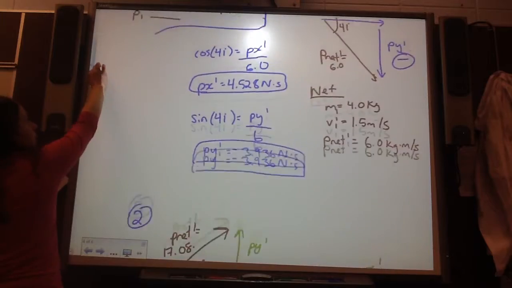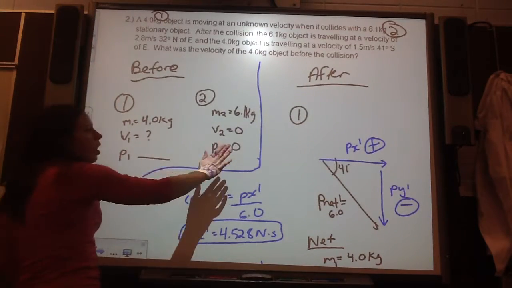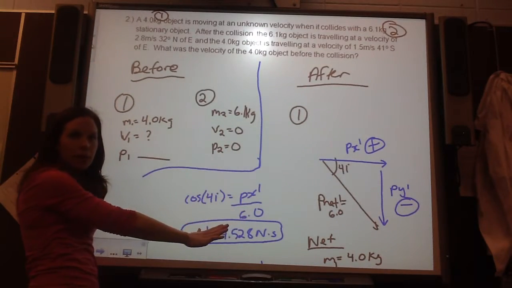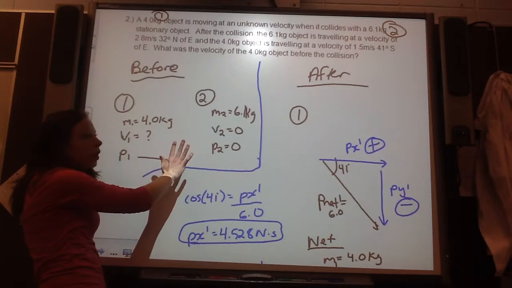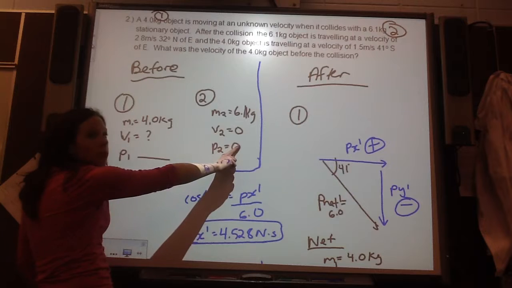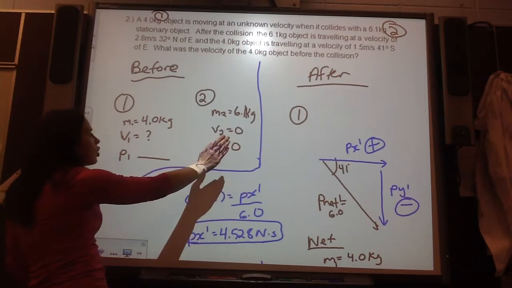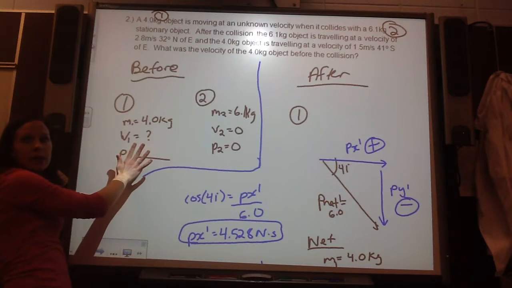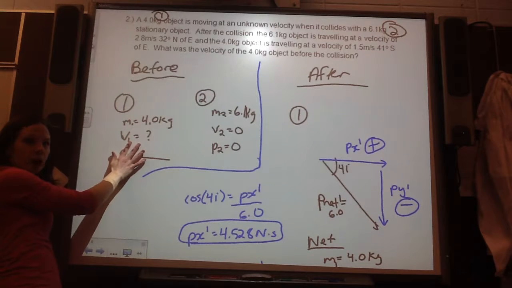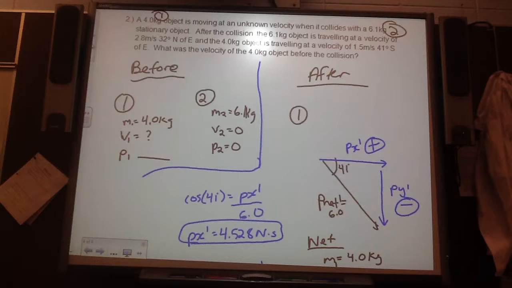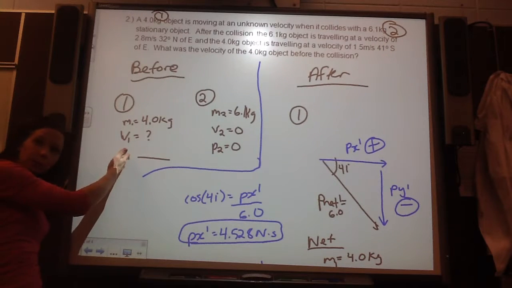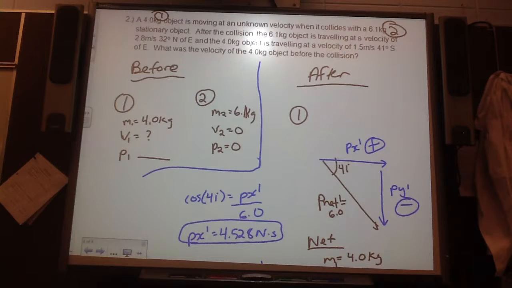So does that make sense? Because all of the momentum that's after needs to equal all of the momentum before. Object 2 had no momentum prior, so all of the total momentum must apply to object 1. So what we're going to do is draw a new triangle to represent the momentum before of object 1, and we solve for the net. Okay?